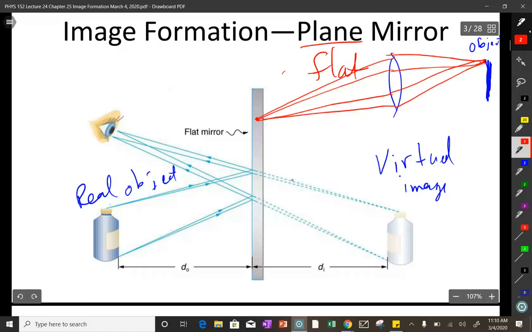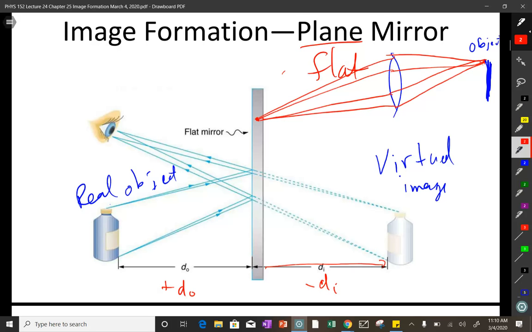Okay, so real object means positive object distance. Virtual image, this one here is going to confuse you. If it's a mirror, then if it's on the opposite side, it's a negative image distance. If it's a lens, if it's on the opposite side, it's a positive image distance.